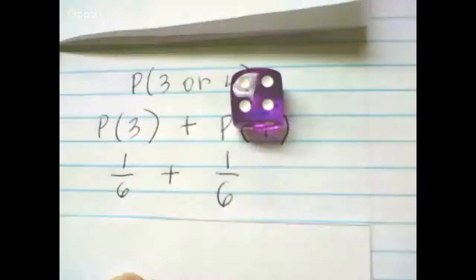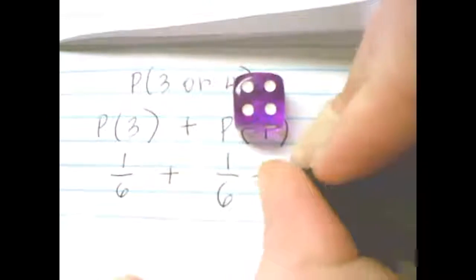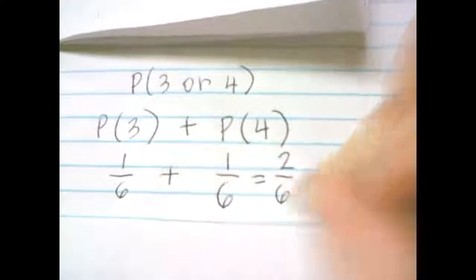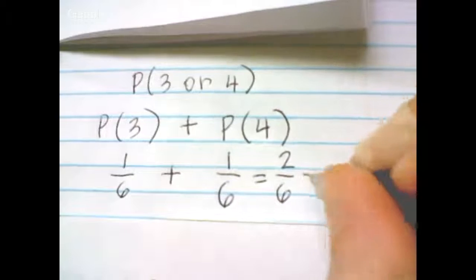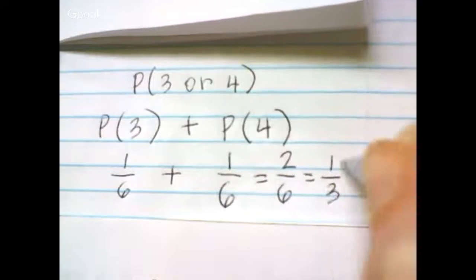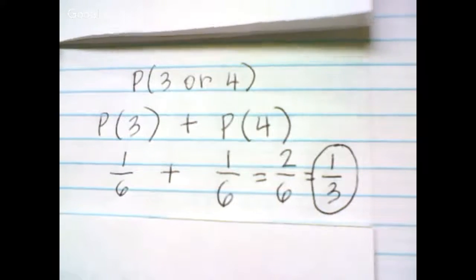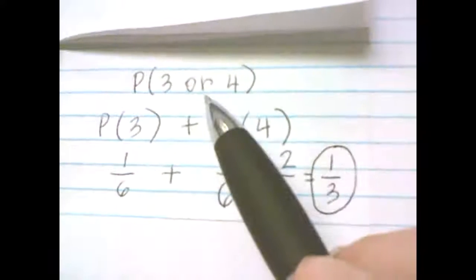Then I'm going to add them. So my total probability is 2 out of 6 or 1 out of 3. That's an or.